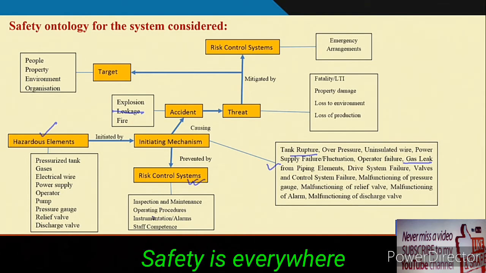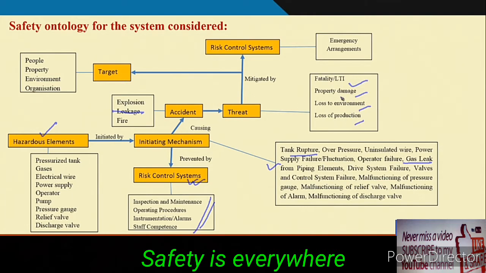So, here inspection, maintenance, operating procedure, installation alarm, staff competence, these may be a few of the risk control systems, and which should work, then maybe some of the initiating mechanisms will not ultimately occur and the ultimate resulting accident will not take place. Okay. So, then if accident takes place, what will happen? There will be threats like fatality, property damage and all those threats are there.